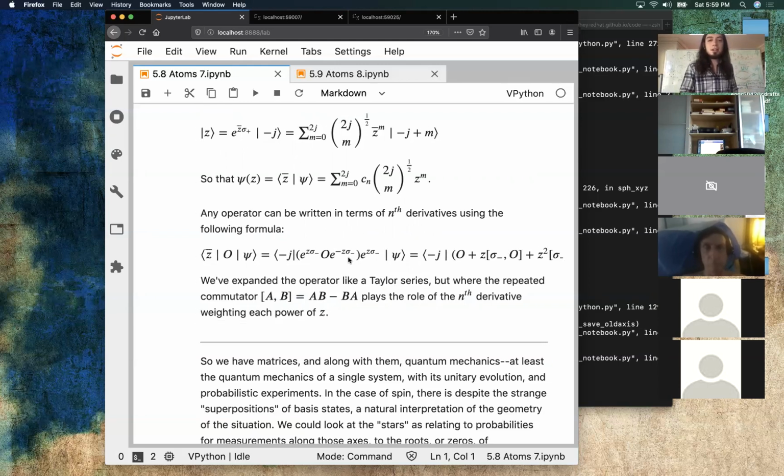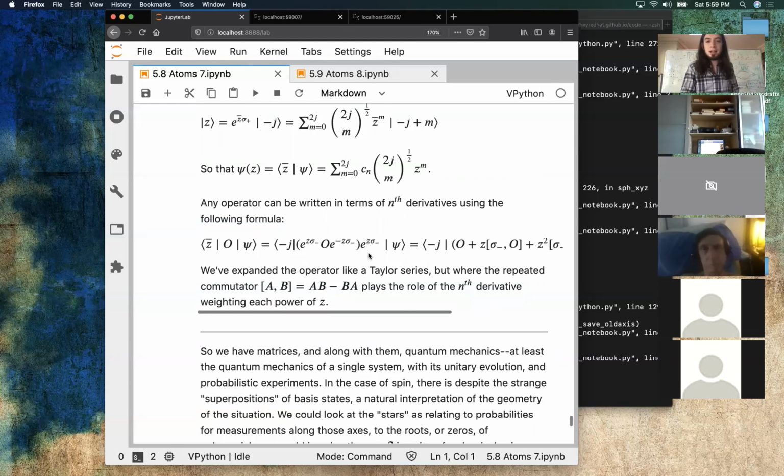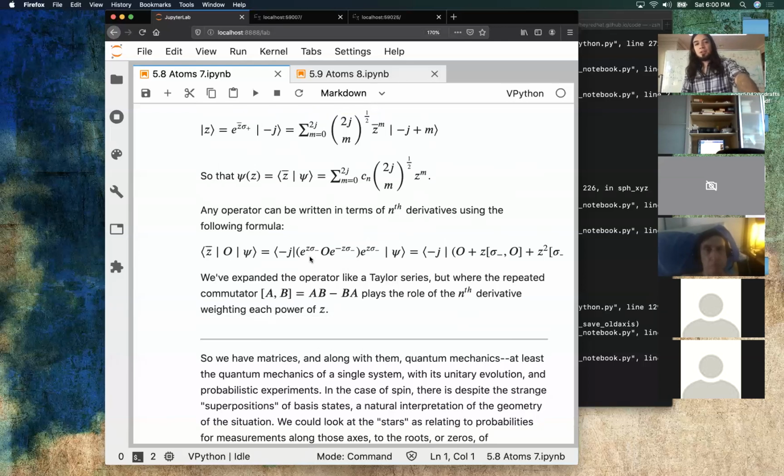Using some tricks like the Baker-Campbell-Hausdorff formula and so forth, if you look at what's happening here, we can write this bra z conjugate as e to the z sigma minus acting on negative j, where this is just the adjoint of e to the z conjugate sigma plus.